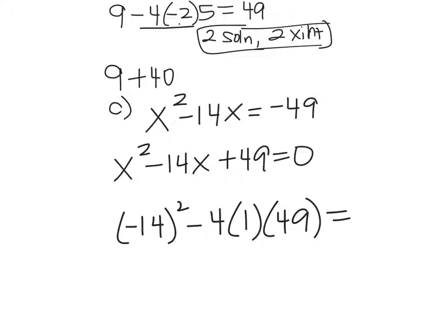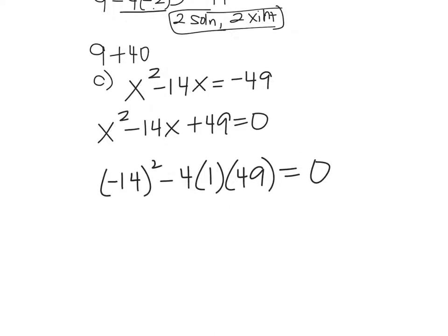Make sure you put parentheses around negative 14 squared minus 4 times 1 times 49. Ooh, did you know it was going to come out to 0? Because I was kind of doing one of each. Yeah, pretty basic. All right, and you get 0. The discriminant is 0, and when the discriminant is 0, we get one solution and one x-intercept.